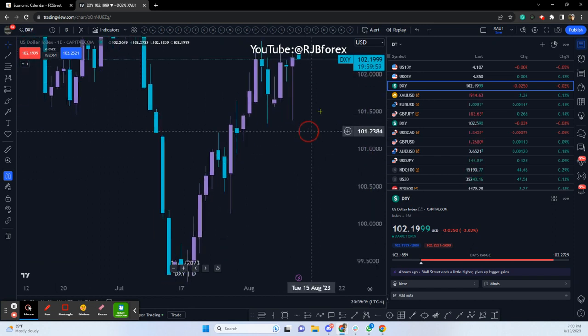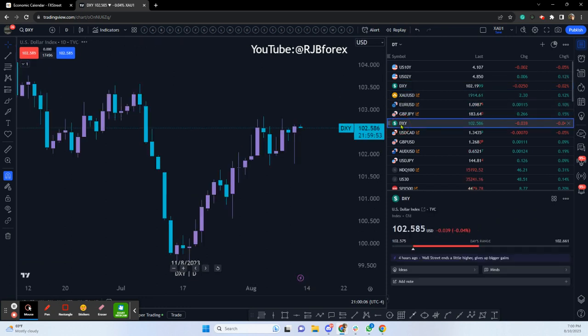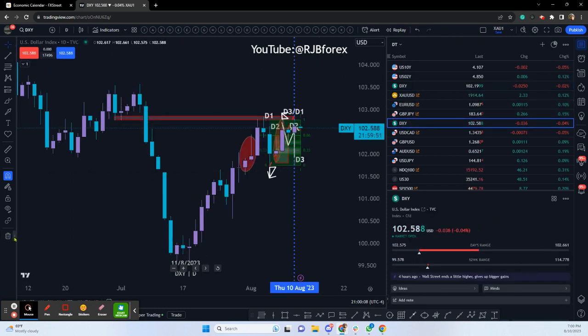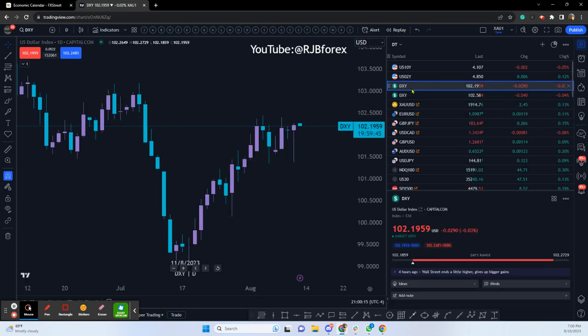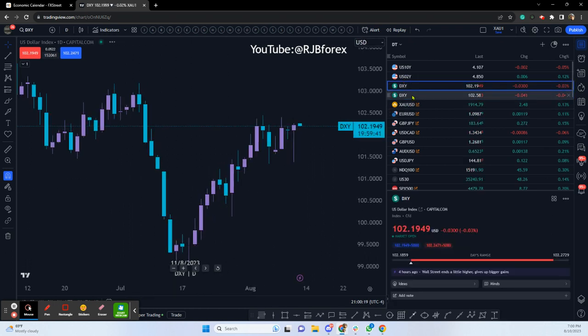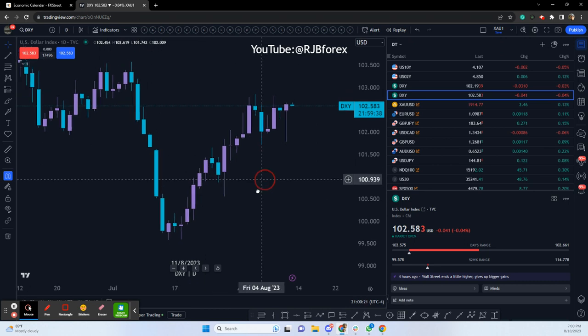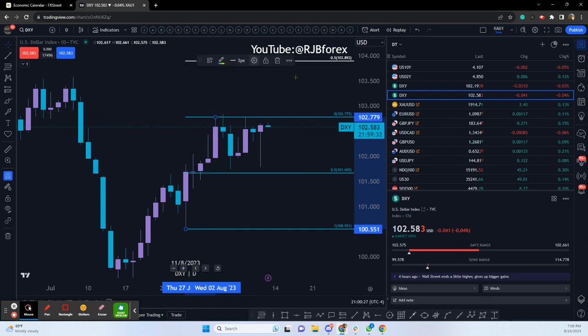So, depending on what broker you're going to use, this candle here was either bullish or bearish. We'll go with this one because it just makes life easier.